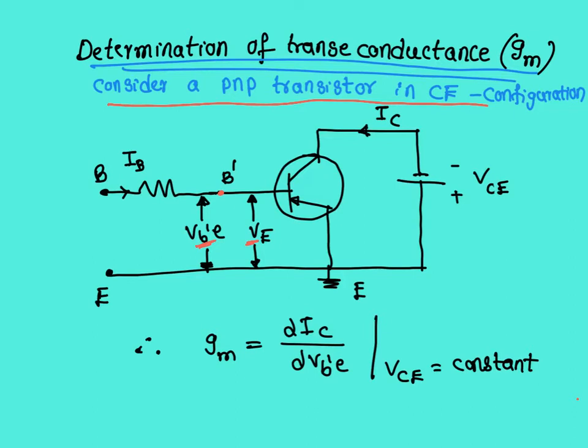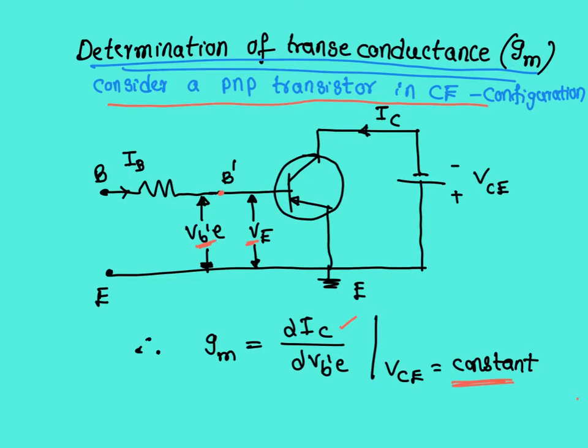So this is considered in CE configuration, and the transistor we have considered is a PNP transistor. Coming to the definition of transconductance, GM is defined as the ratio of rate of change of collector current to the rate of change of VB dash E at a constant VC. So this is the definition of the transconductance.